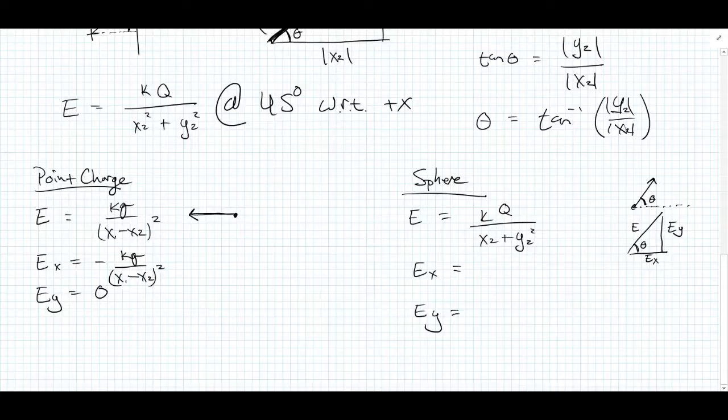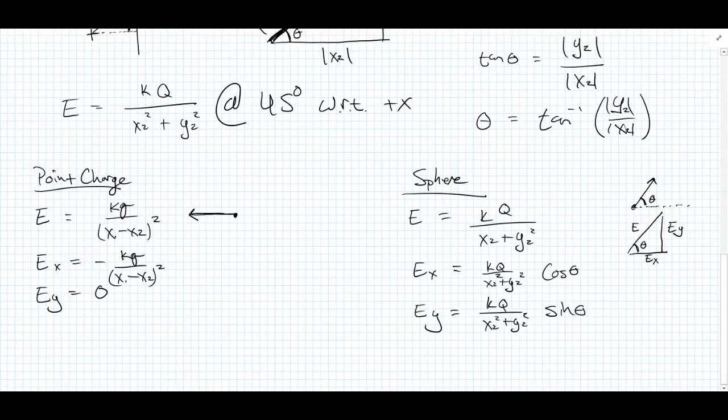So to find the x component of the electric field, I take its magnitude and I multiply by cosine of that angle. And to find the y component, I take its magnitude and I multiply by sine of that angle.